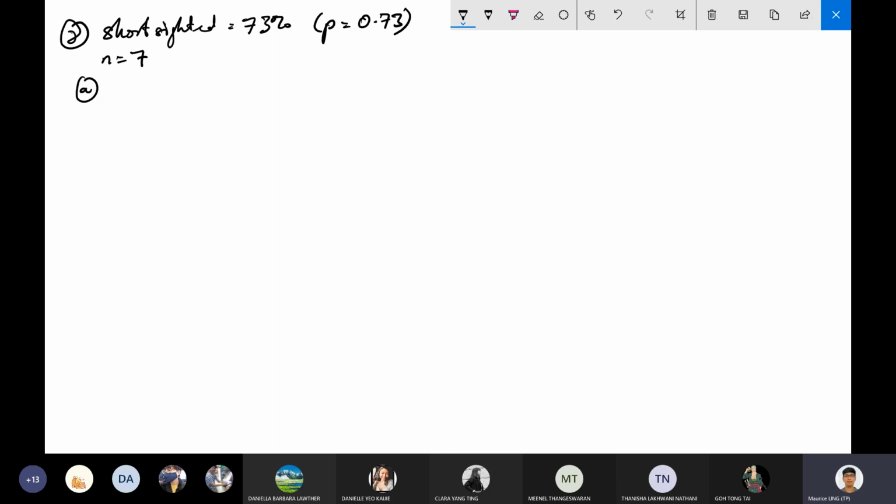For part A, all short-sighted means that you want to find x equals 7. So it is 7C7, 0.73 to the power of 7, and 1 minus 0.73 to the power of 0. What you end up with is 0.110. You should be able to do this well.